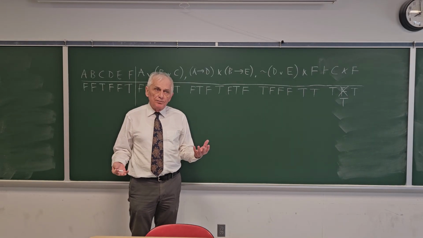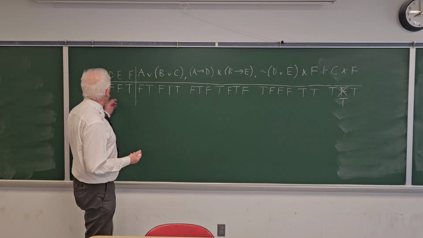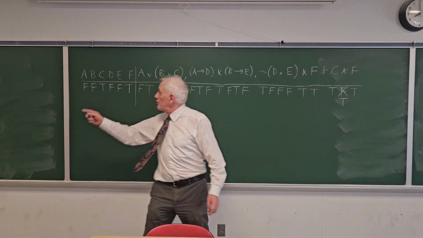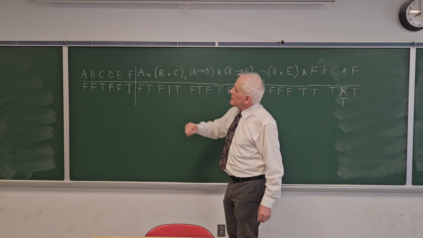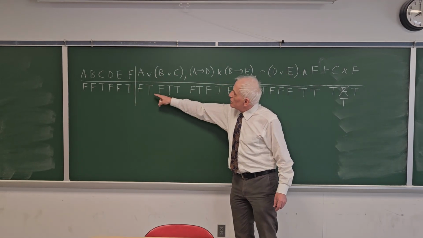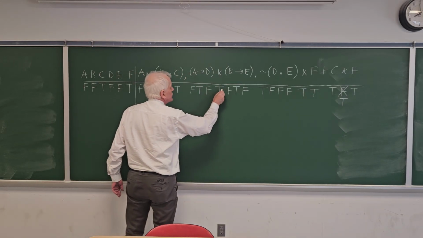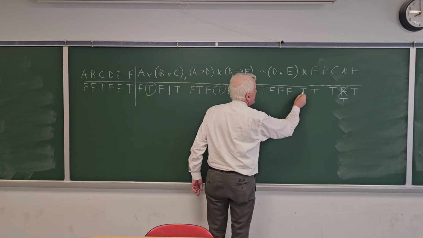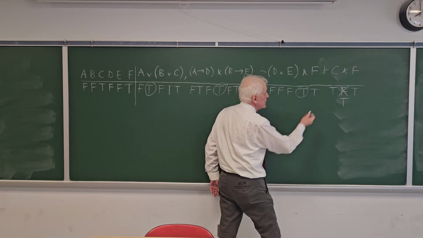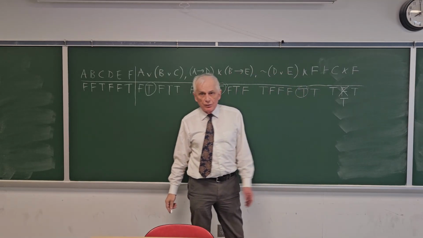And we failed. We have failed to find an assignment of truth values to A, B, C, D, E, and F that gives us true here for the first premise, true here for the second premise, true here for the third premise, and yet we don't get false for the conclusion.